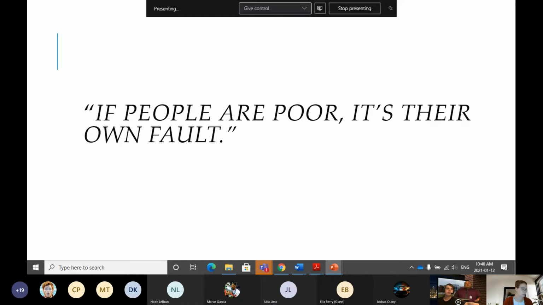Disagree. Agree or disagree: if people are poor, it's their own fault. Hayden agrees. Depends on the person.